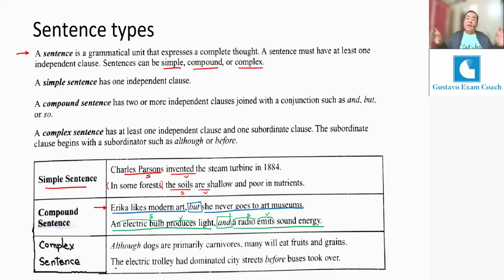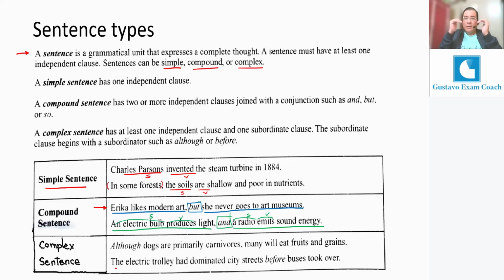This word actually adds the two parts of the idea together, the two independent clauses, and same as but, it places the two components of this idea at the same level of importance. None is more important than the other. The two are equally important: the fact that an electric bulb produces light and the fact that a radio emits sound energy.